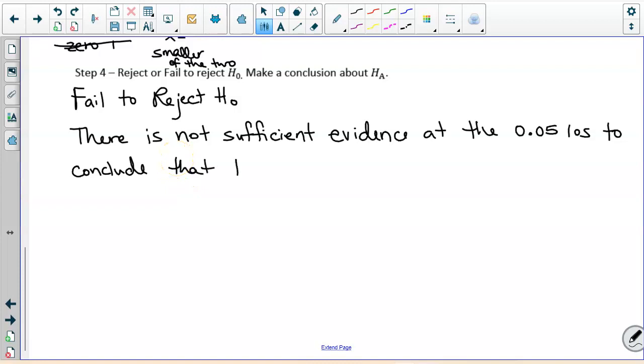To conclude that the median is greater than $40,000.